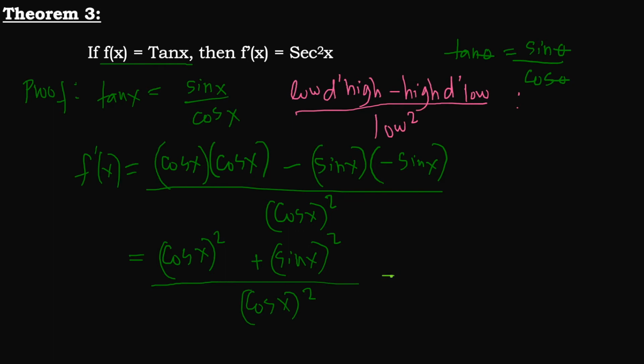At this point, we need to rewrite our function in a more compact form, and we know in trigonometry that cosine x squared could be written as cosine squared x. That is the same thing, plus sine squared x, all over cosine squared x, which is the product of cosine x times cosine x.